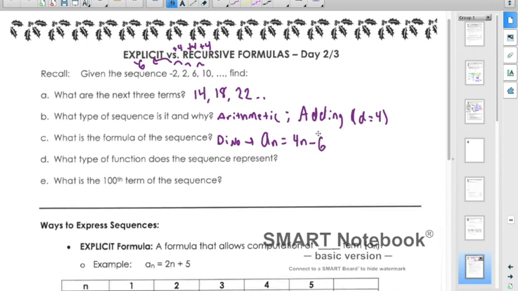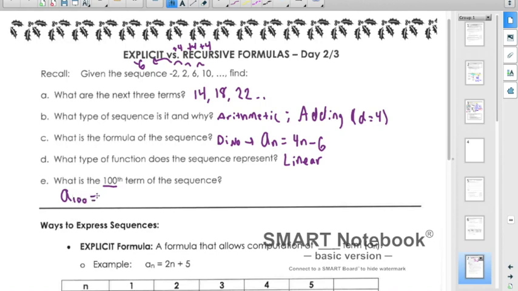What type of function does the sequence represent? Anytime it's arithmetic, it represents a linear function. And what is the 100th term of the sequence? All I have to do is substitute into my formula. It wants me to find the 100th term, so that's what this stands for.